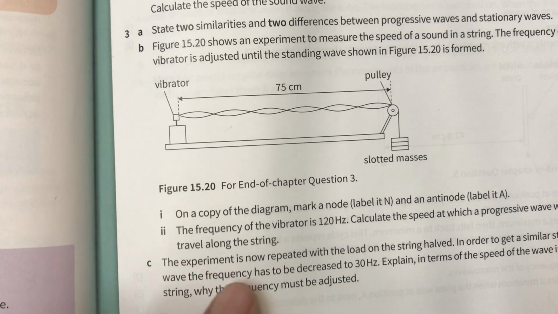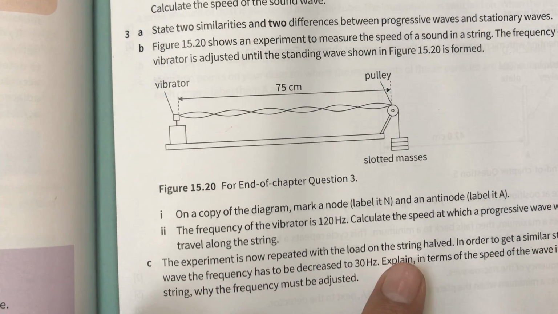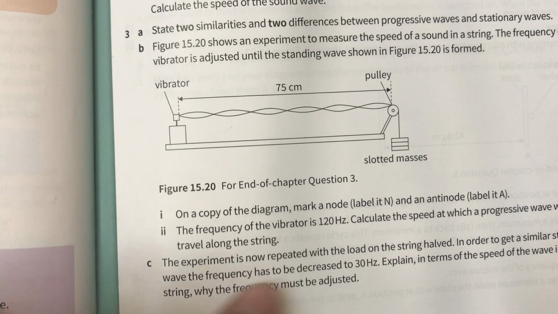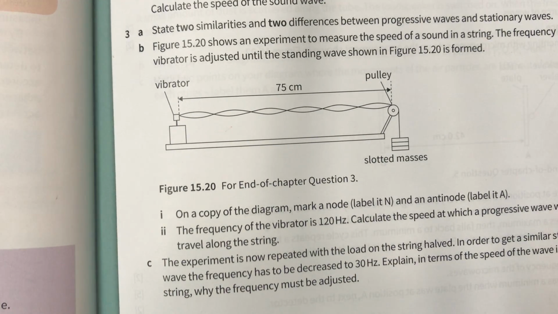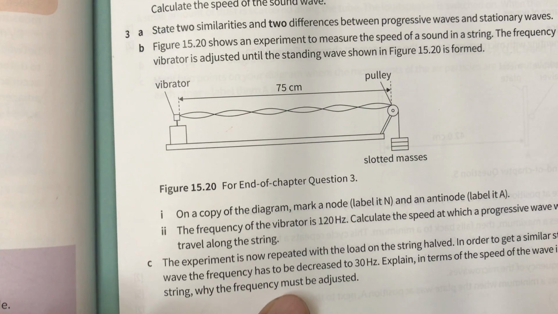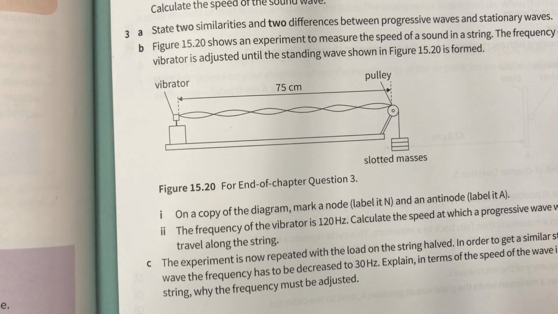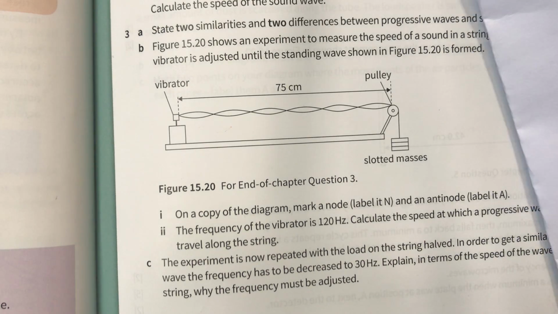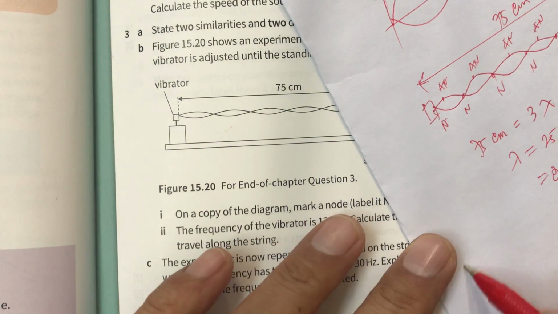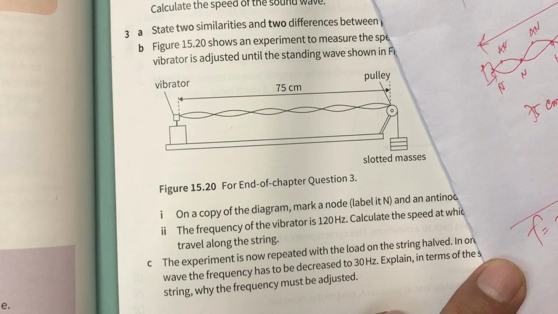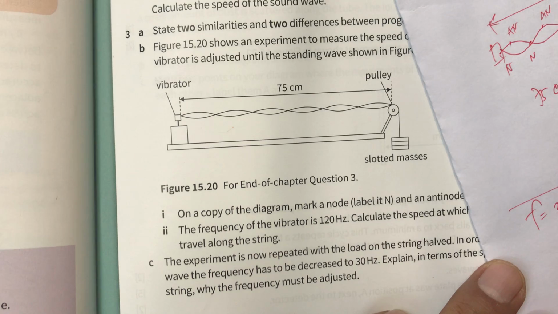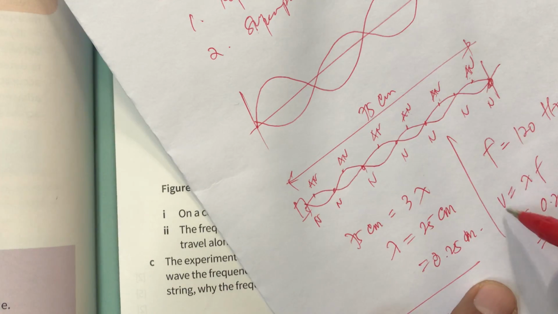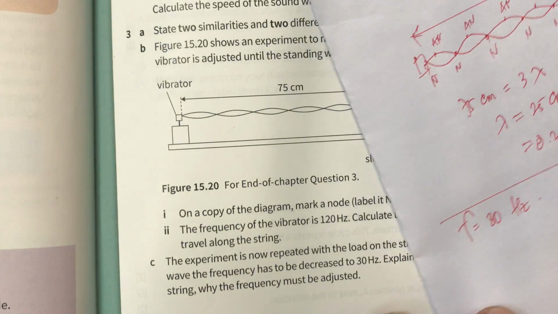The experiment is now repeated with the load on the string halved. In order to get a similar standing wave, the frequency has to be decreased to 30 Hz. Explain why the frequency must be adjusted. The frequency now decreases to 30 Hz, and the velocity has the formula v equals lambda f.